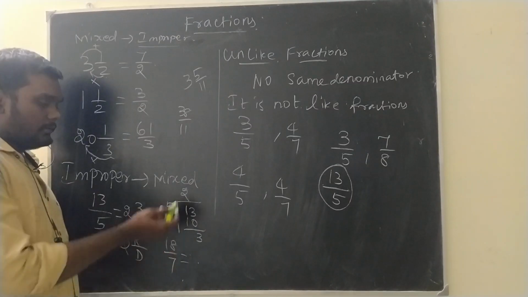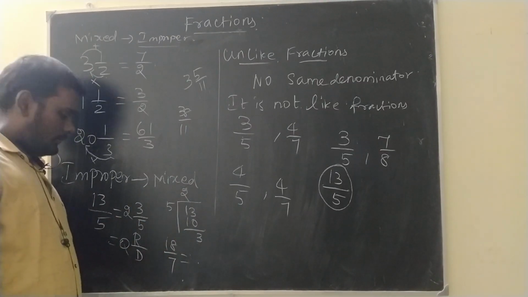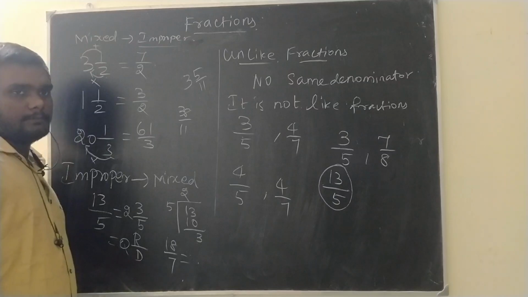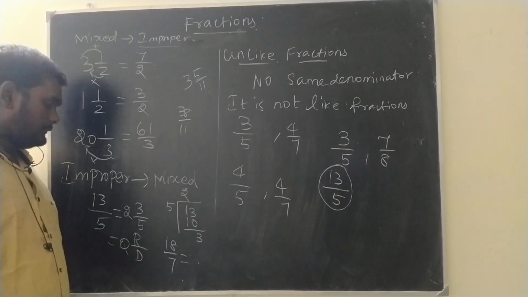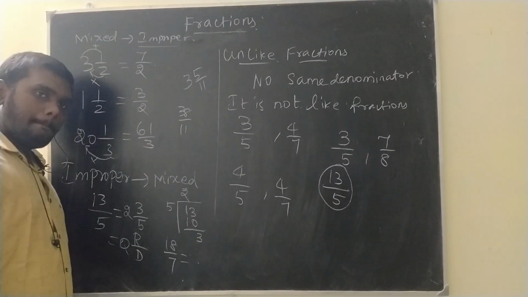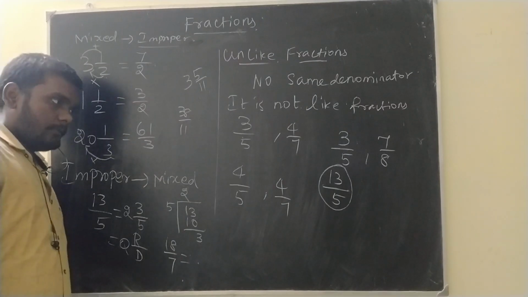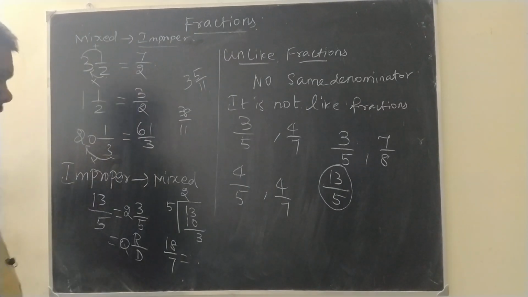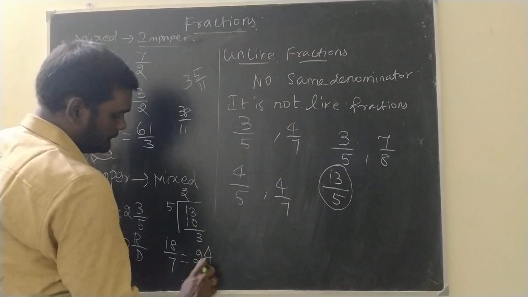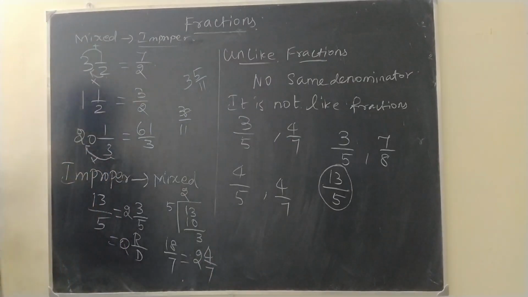Same like divide, quotient into the remainder by the divisor. Perfect, man. 2 4 by 7.